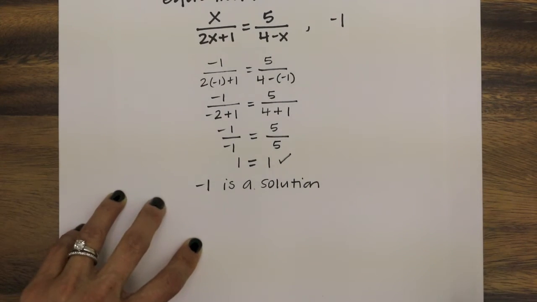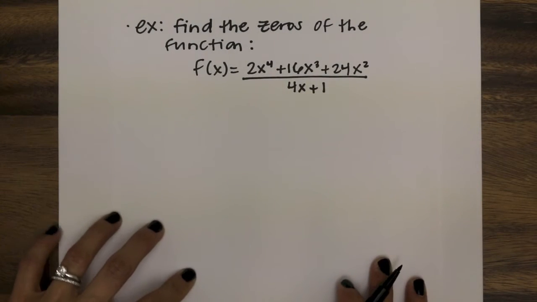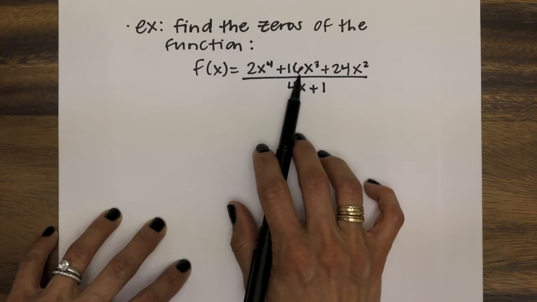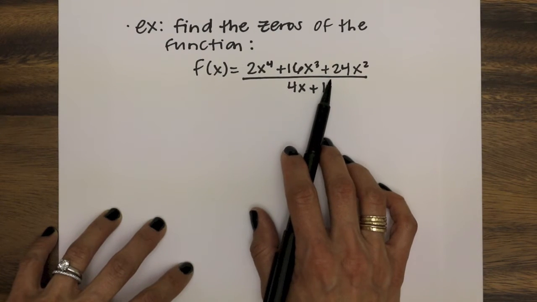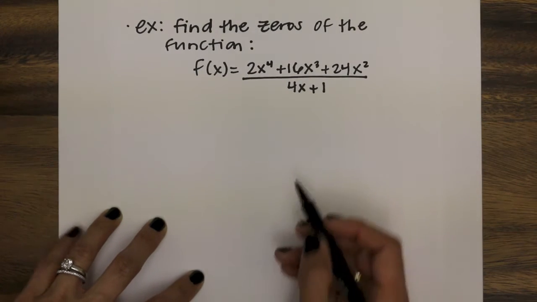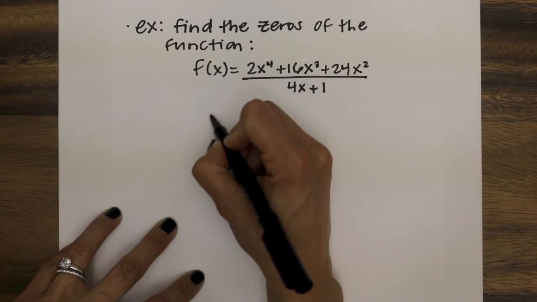of the equation. This next example says find the zeros of the function, and we have f of x equals 2x to the 4th plus 16x cubed plus 24x squared, all divided by 4x plus 1. So to find the zeros, that's when your equation is equal to 0.